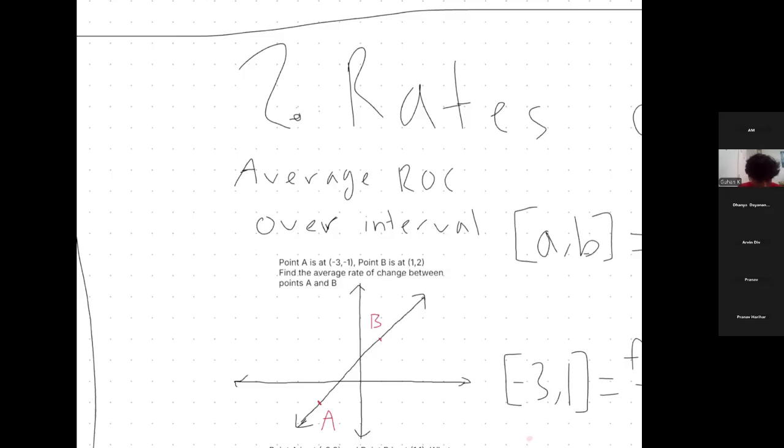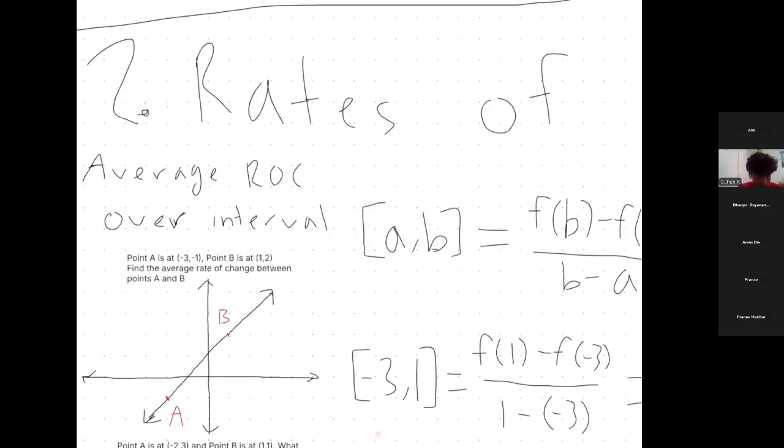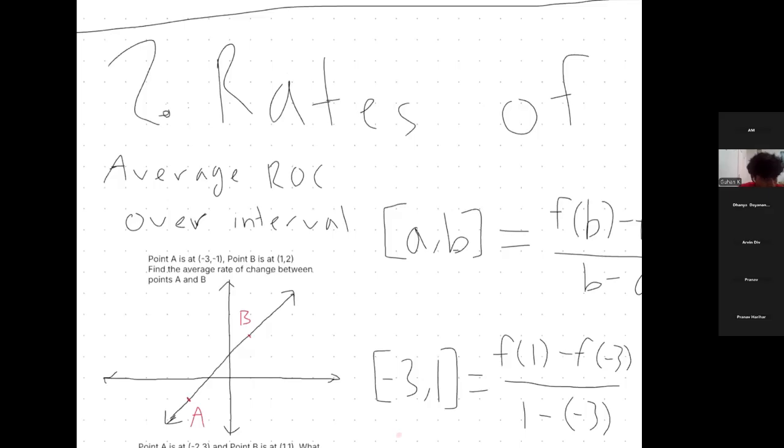So where do we get these numbers? So first, the point is at -3, comma -1. Okay, so the x value of that point is -3. So this is the x value of point A, and then here is the x value of point B, because point B is at 1, comma 2, which means the x value is 1.